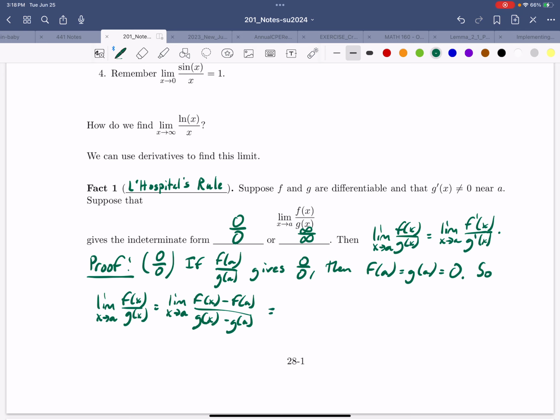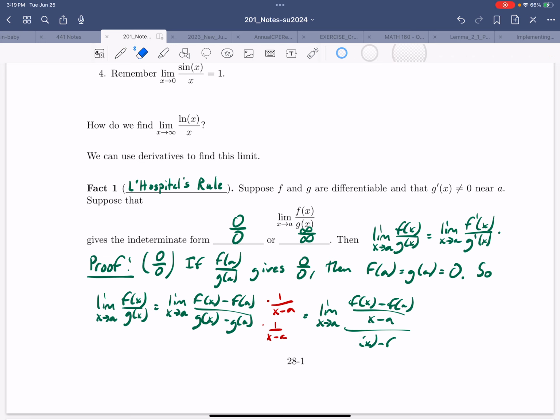And we could also multiply the top and the bottom by x minus a. It's okay to do this as long as we're doing it to the top and the bottom. We're not changing the fraction, just changing the way it looks. And so then we get this. I know that we're making this uglier and uglier. Well, that should be a g of x, sorry.